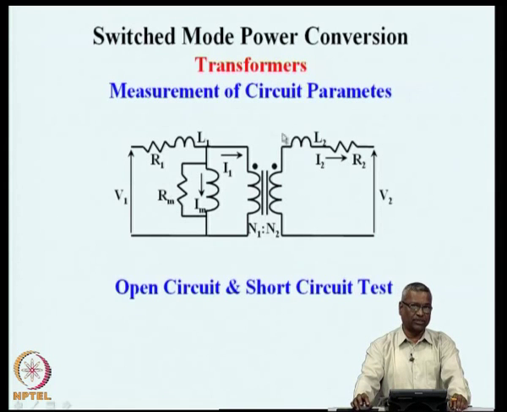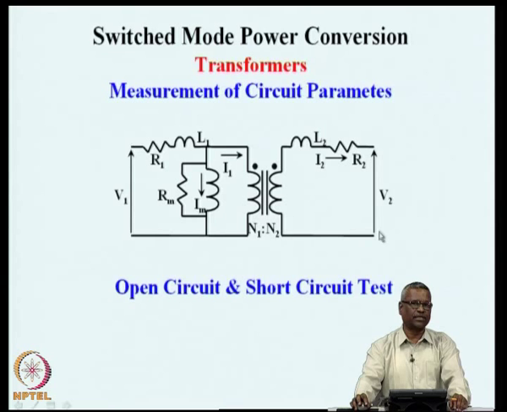How do you measure these quantities? Measurement of these circuit parameters is very simple. All of you must have studied in transformer theory that by simply conducting an open circuit test and a short circuit test, it is possible to evaluate all these quantities in a transformer.